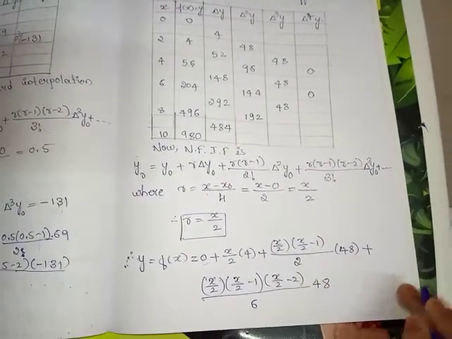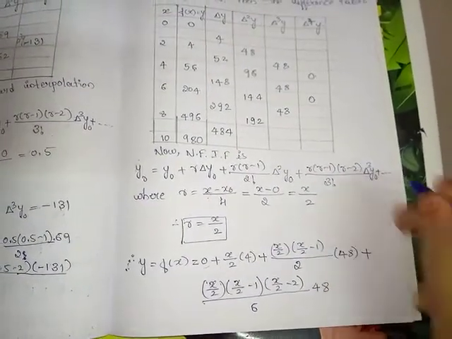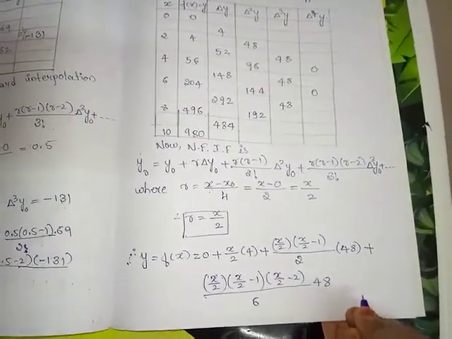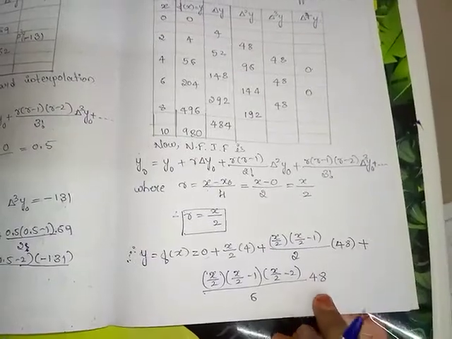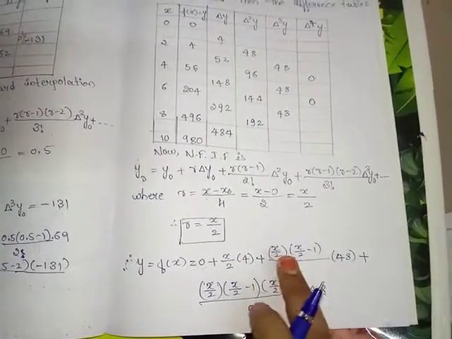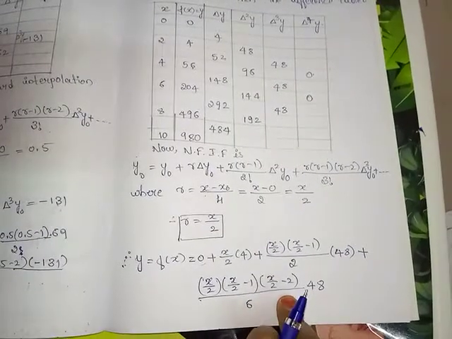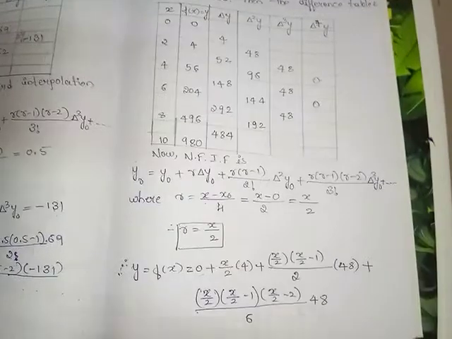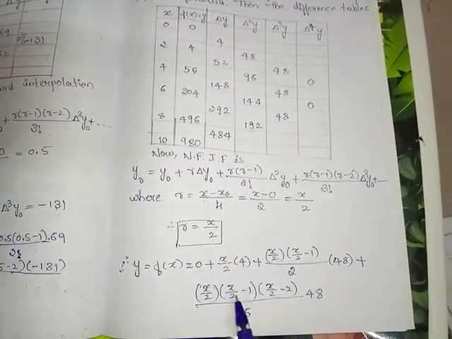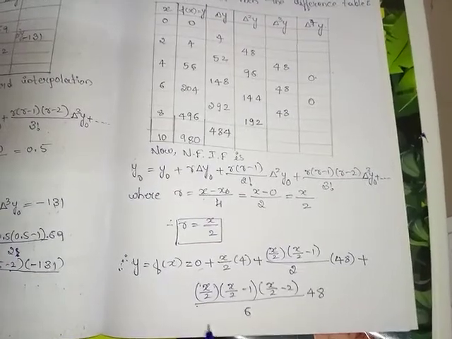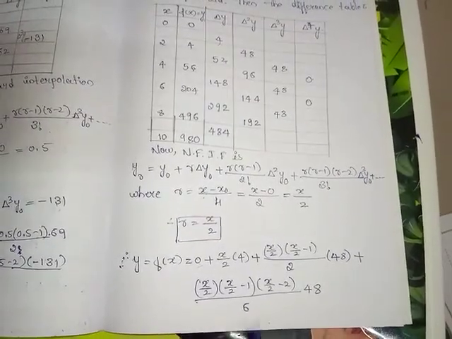Then when we write the term with delta raised to 4 y naught, its value is 0, and 0 into something is 0. So we have terms up to the third difference only. Now we have to calculate this. Here x stays as it is, because we don't know the desired value of x. When we solve this, we get a polynomial f of x is equal to something.